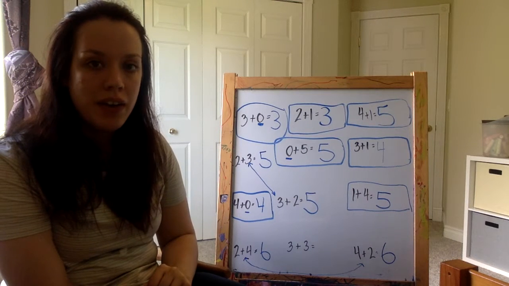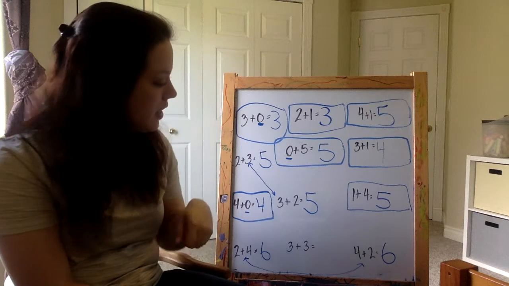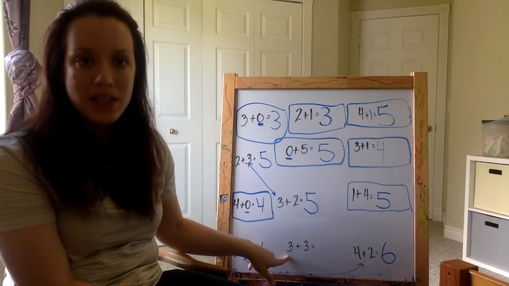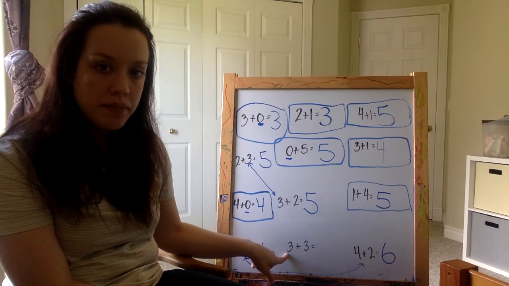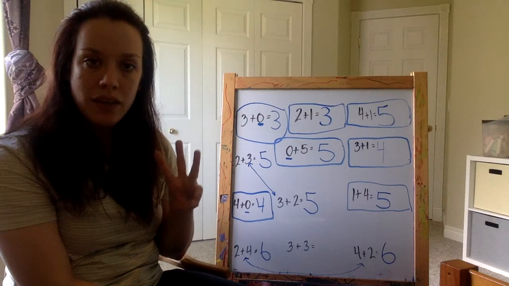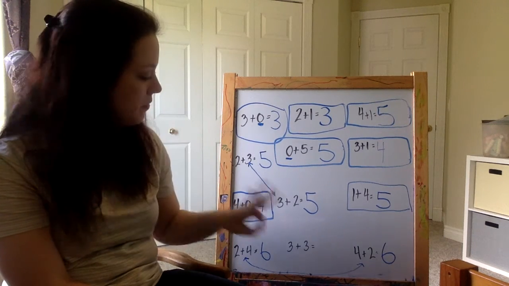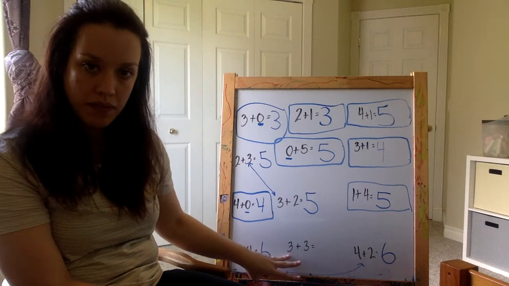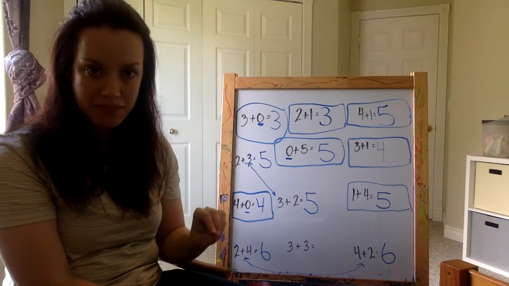Let's practice our counting on strategy, since that's our new strategy from Monday's math lesson, together one more time before I let you go. We're going to start at 3, and we're going to count on 3 times. So I'm going to put up 3 fingers to show my 3 counting on. Ready? 3, 4, 5, 6.